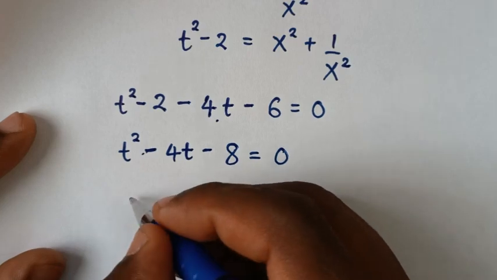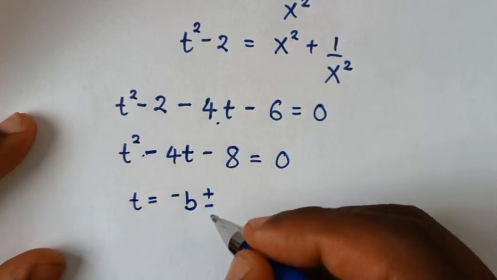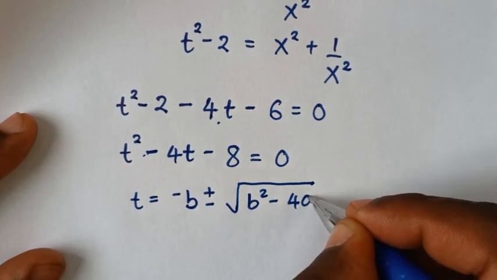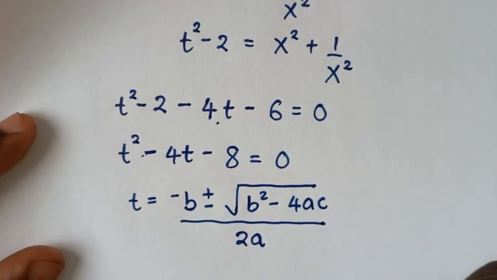So from the quadratic formula, to find the values of t, t is equal to negative b plus or minus the square root of b² − 4ac, over 2a.